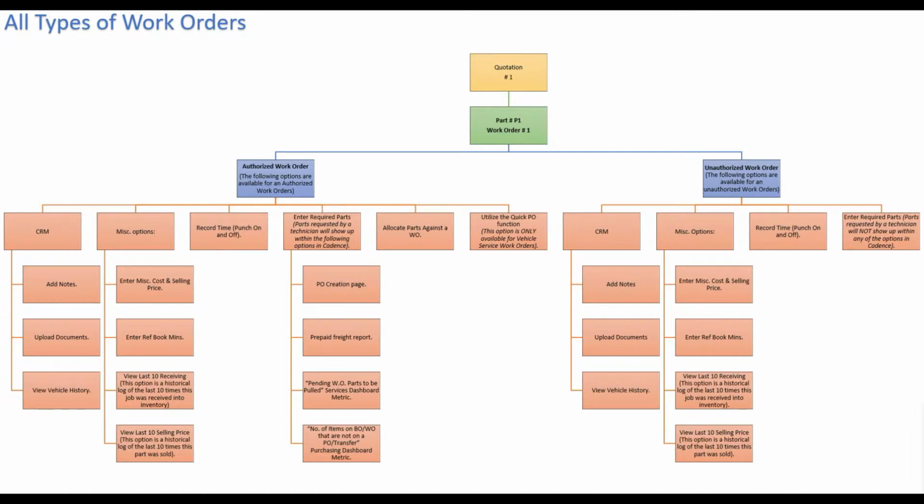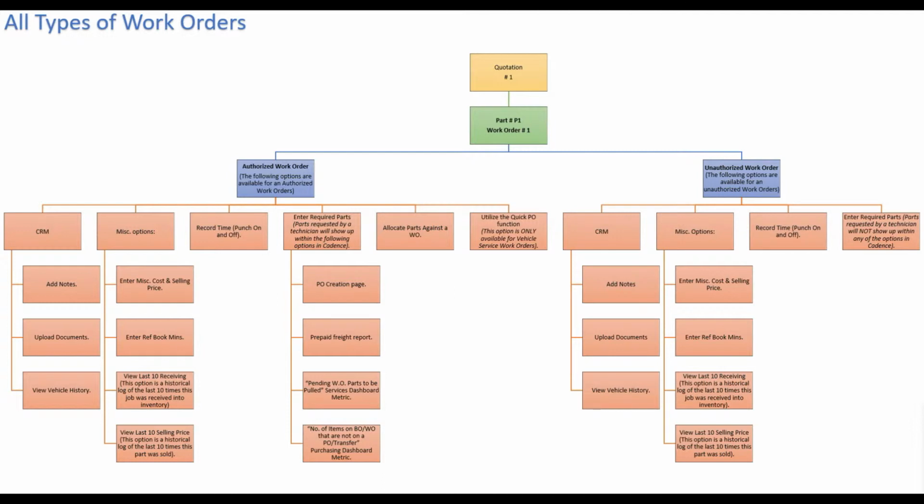There's a miscellaneous option here wherein you can go in and add your cost of miscellaneous items such as welding supplies and stuff like that. And you can also put a potential selling price. So let's say you bought welding supplies for $100 and maybe you want to charge the customer $200 for those welding supplies.